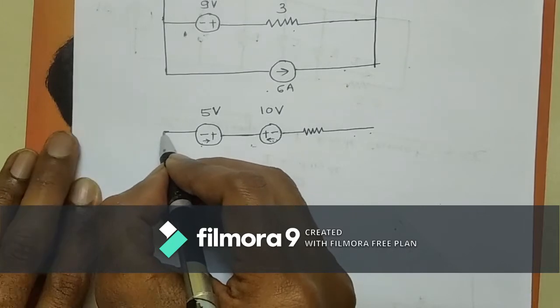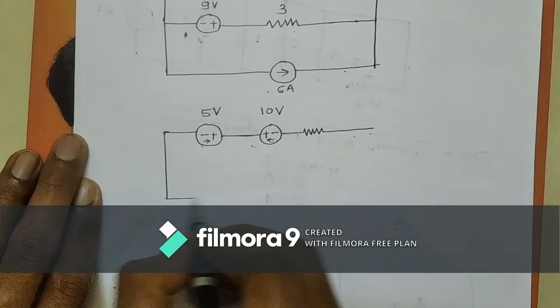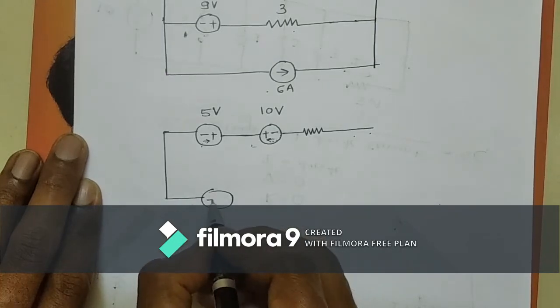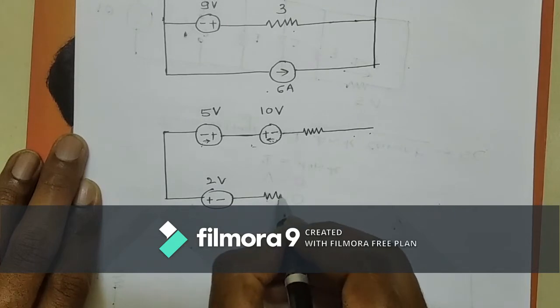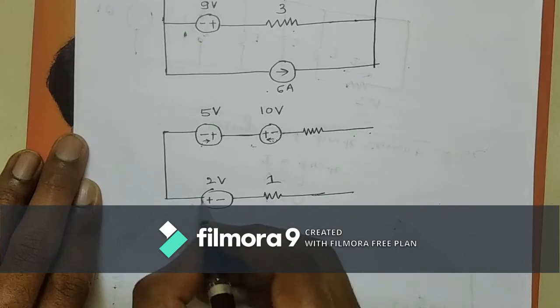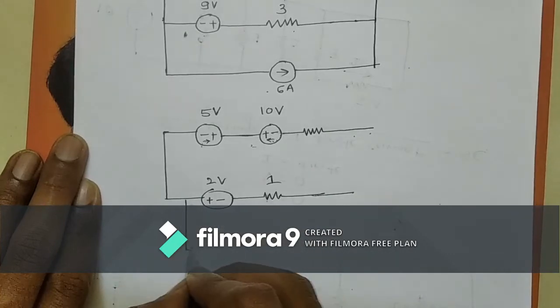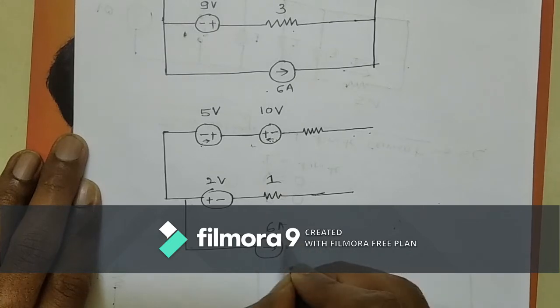The remaining network you draw as it is. So I have 2 volt here, plus minus, and 1 ohm. This is 6 amperes.